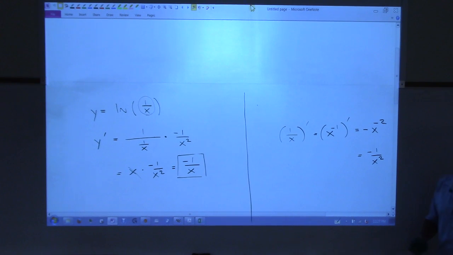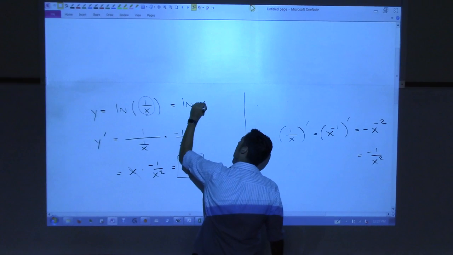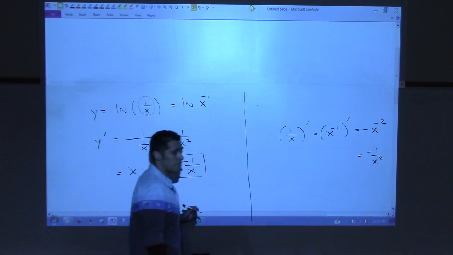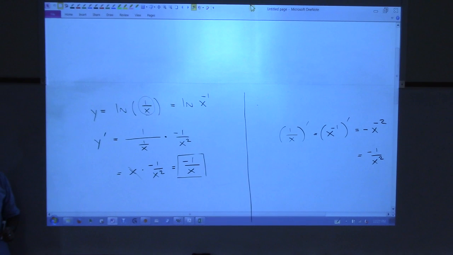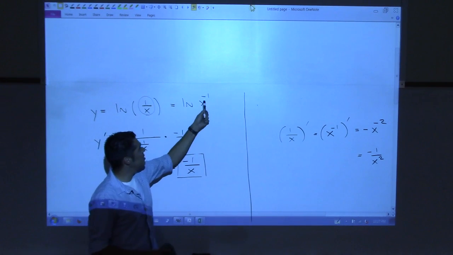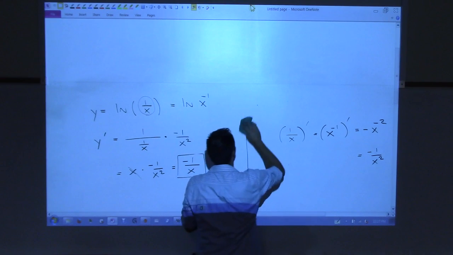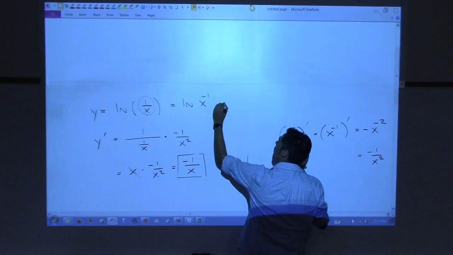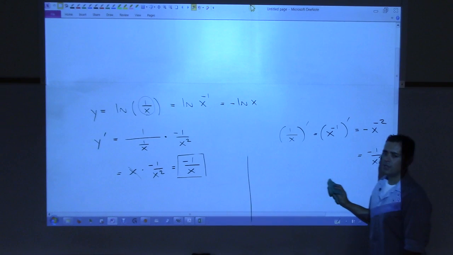Or you could have first, before you took the derivative, rewrote the problem like this. That's the same thing, right? Then you could have used the property of logs that allows you to take a power and pull it out front. So if I pull that power out front, it becomes negative natural log x, right? See that property in action?